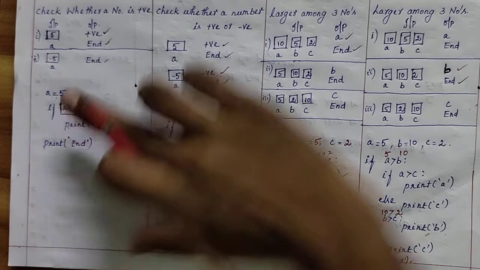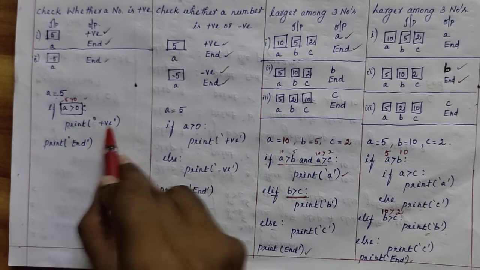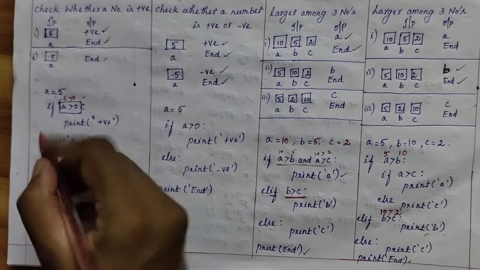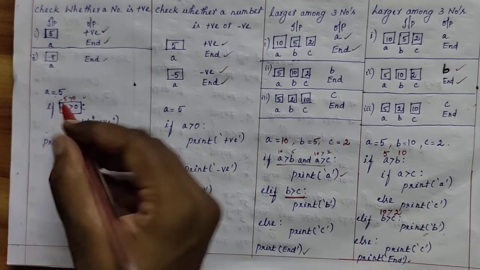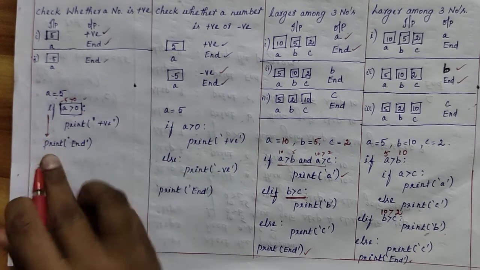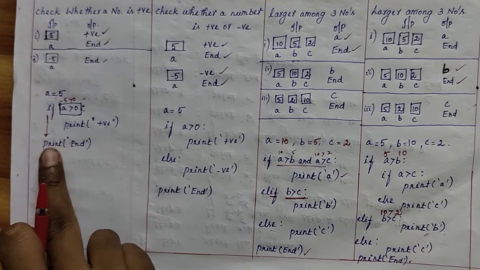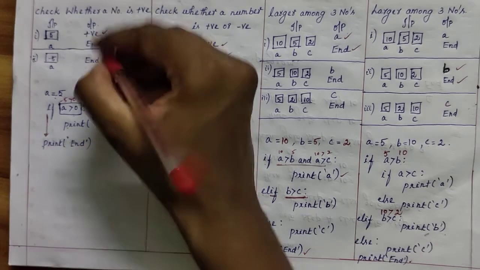No, the condition is false. Therefore, the statement inside the if block is not executed, and the control comes here, where we have the print statement that prints end.